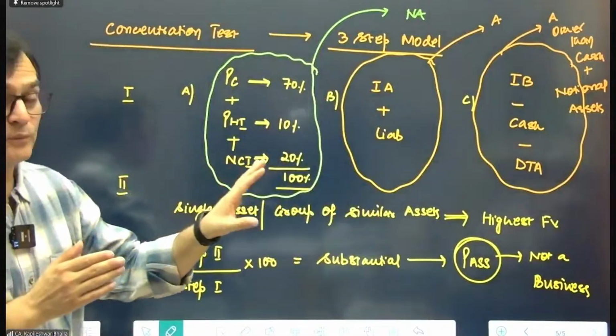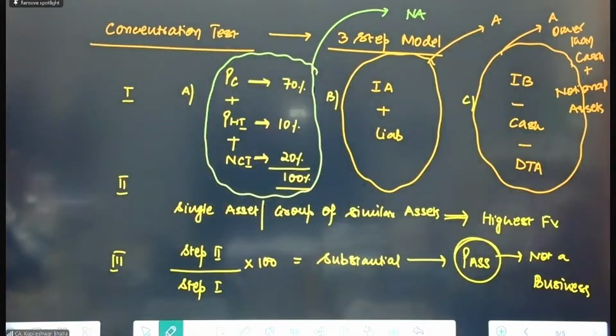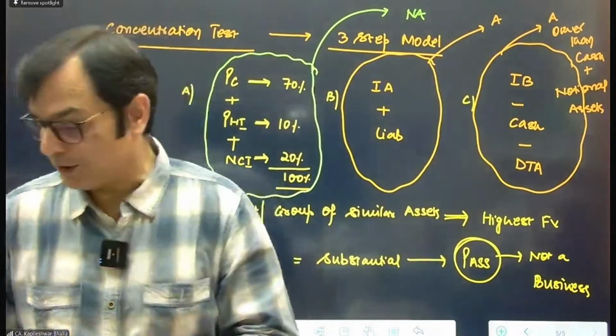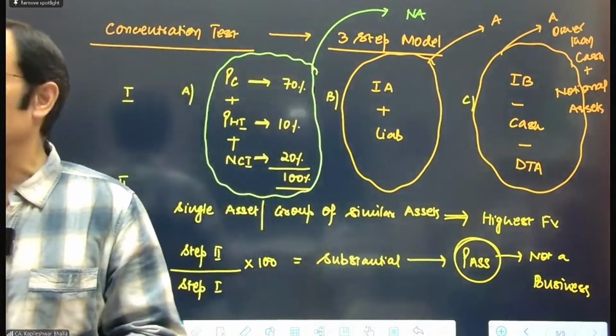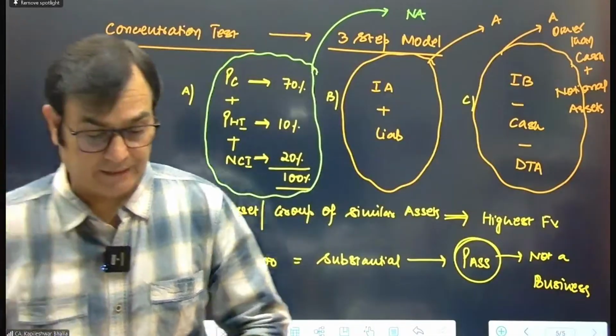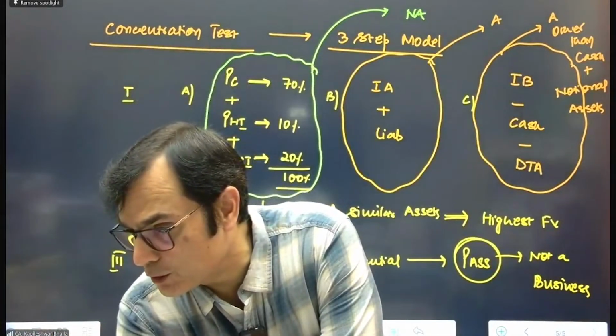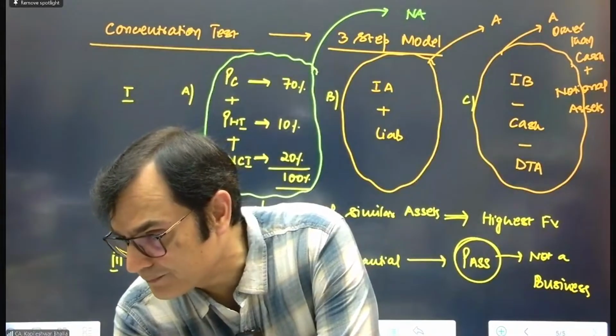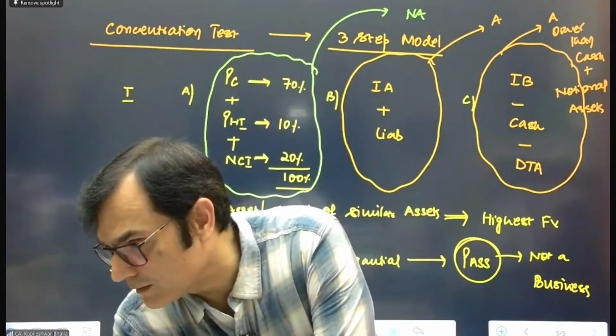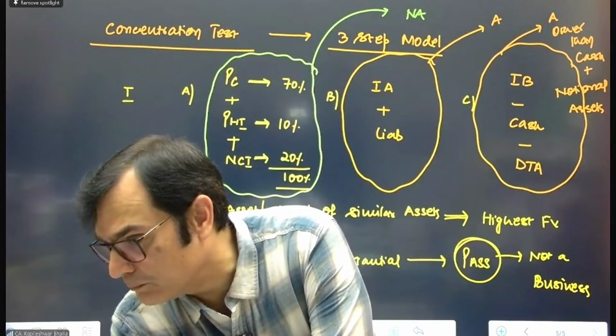So I hope we are clear with the 3-step model. Correct? Yes, sir. Wonderful indeed. So now we can take you to a small question, which is there in the study material itself. I'm just sharing it on the laptop screen, not carrying it on the board at the moment.